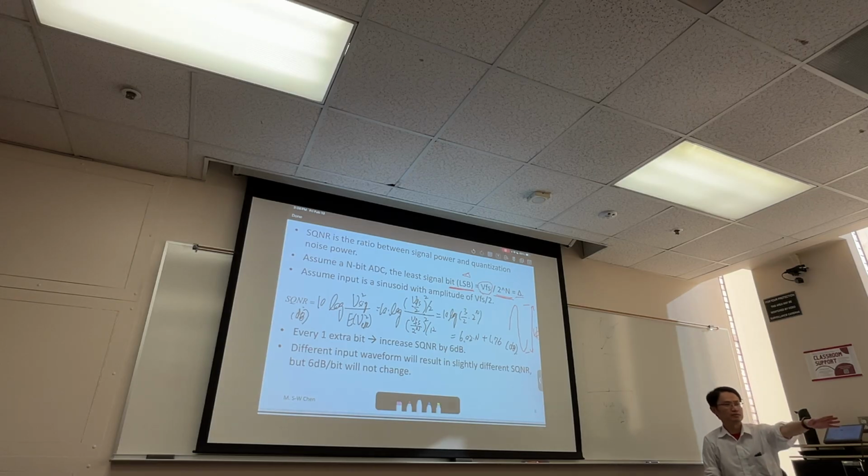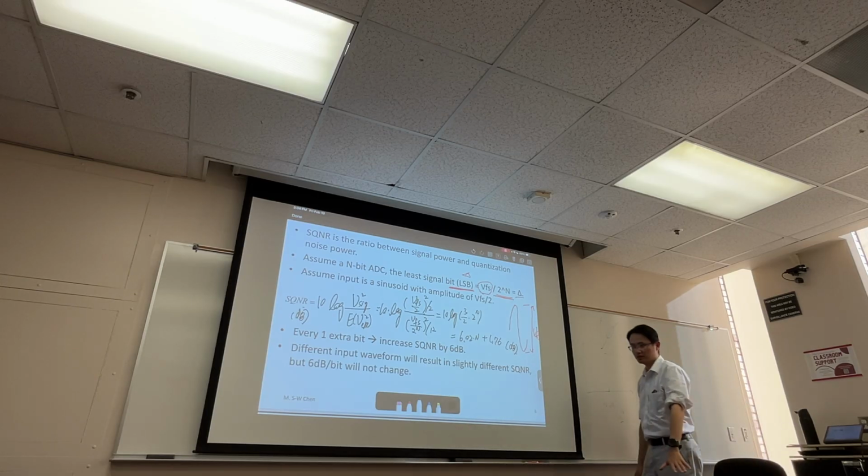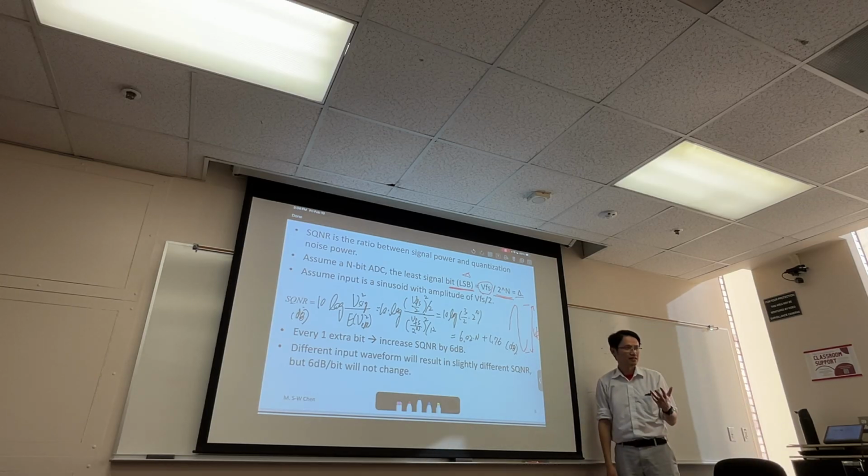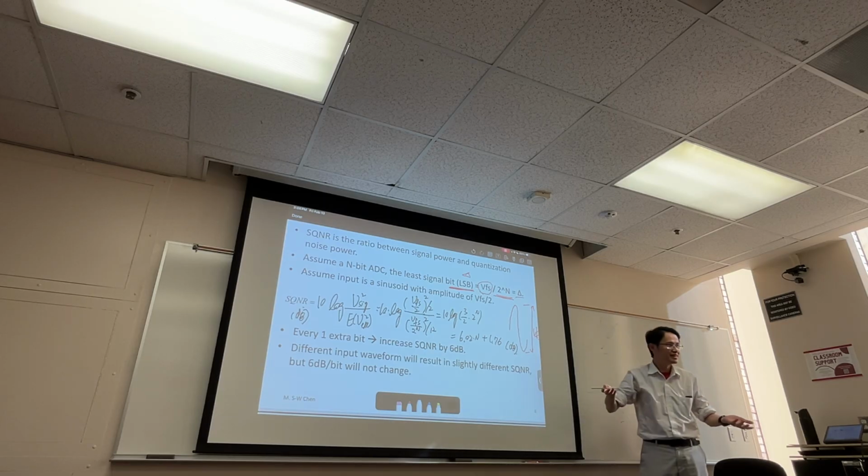For example, a 9-bit ADC, how many levels do I need? 512. A 10-bit ADC is 1024. So your gap is 512.